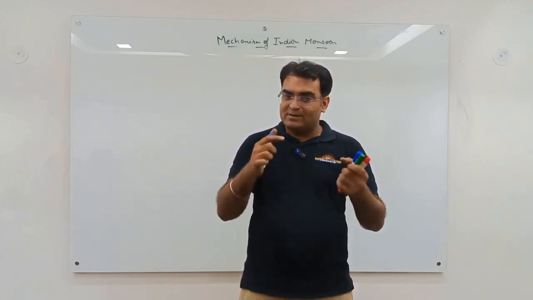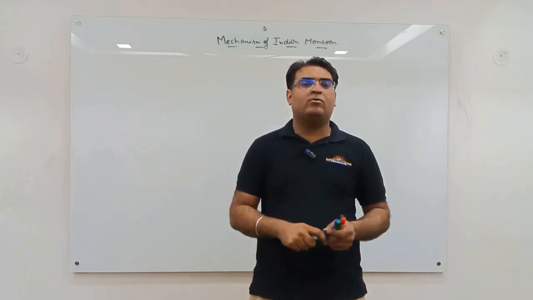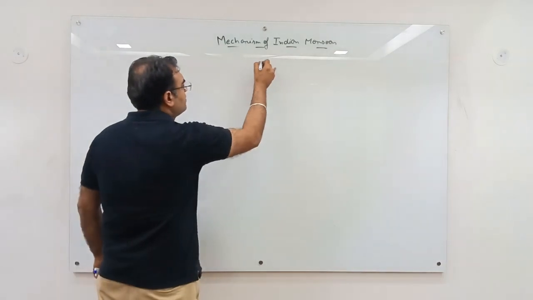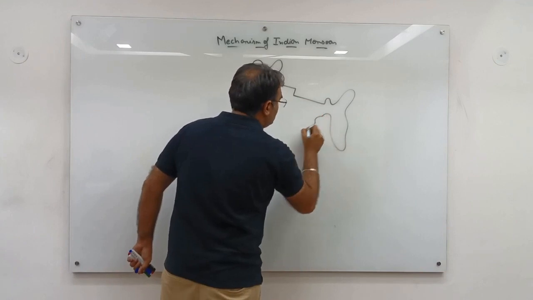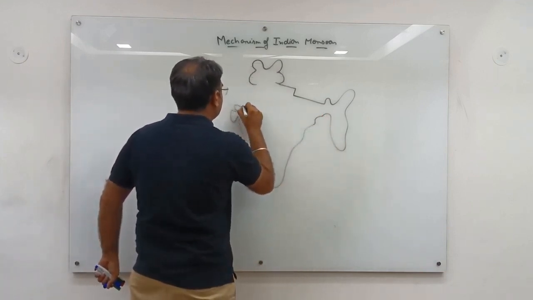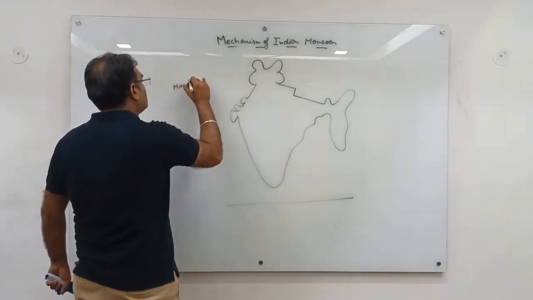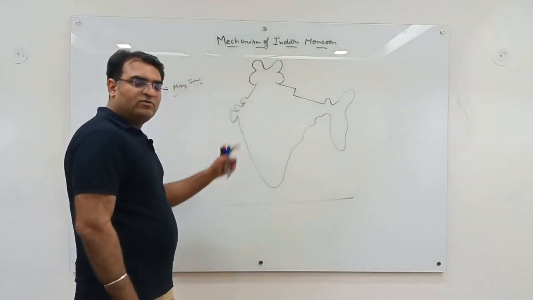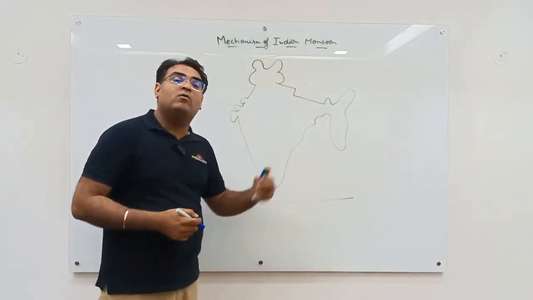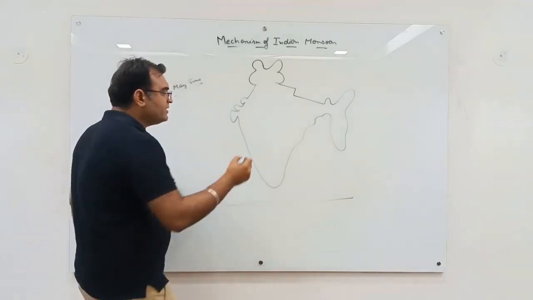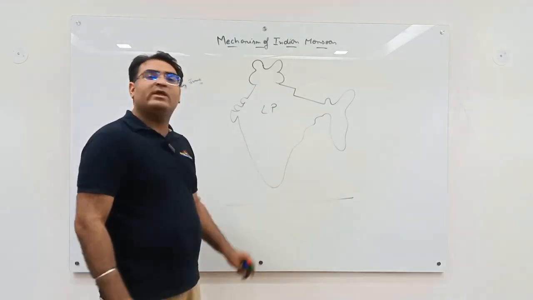southern hemisphere. Now let us link the same thing with the help of the map of India in the mechanism of Indian monsoon. Now let's understand one thing. In the month of May, the sun is going to focus on the northern hemisphere, or we can say the sun is going to be directly overhead over the Tropic of Cancer, which results in the Tropic of Cancer becoming warmer in comparison to the equator.